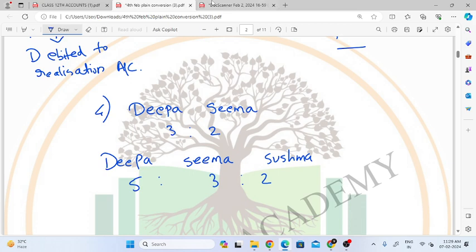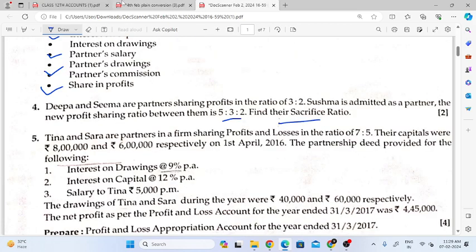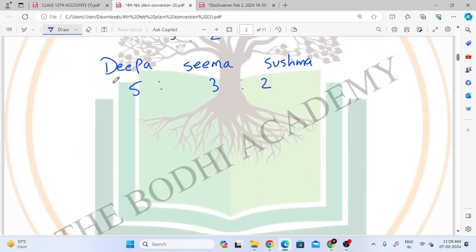So what is the question? They told us to find the sacrifice ratio. Whenever we find the sacrifice ratio, you have to use this formula: sacrifice ratio is equal to old ratio minus new ratio.